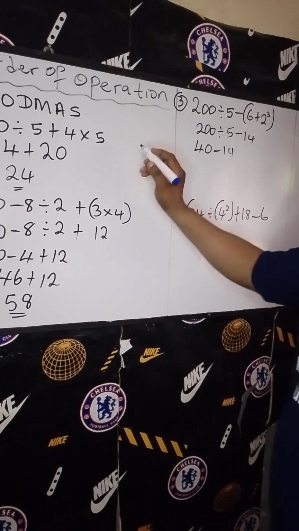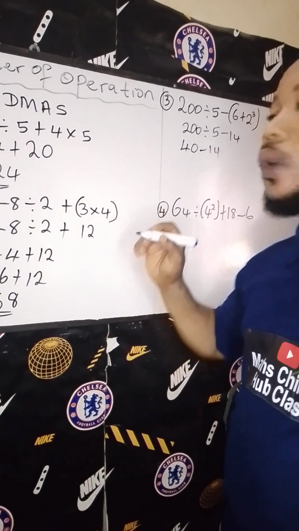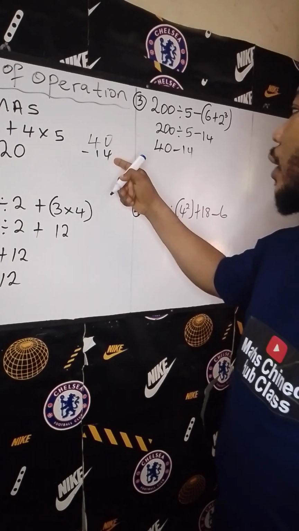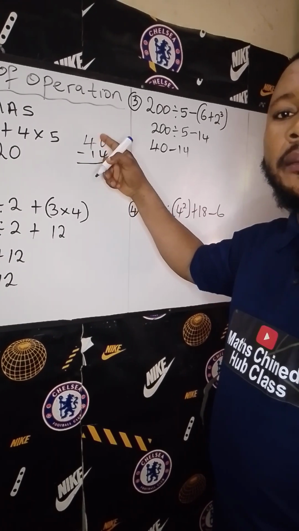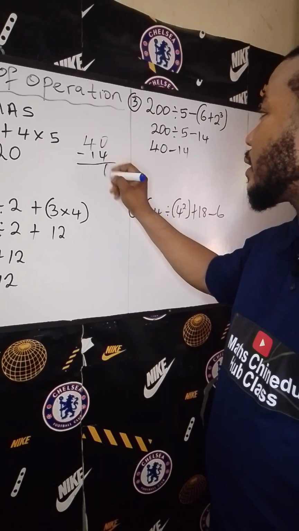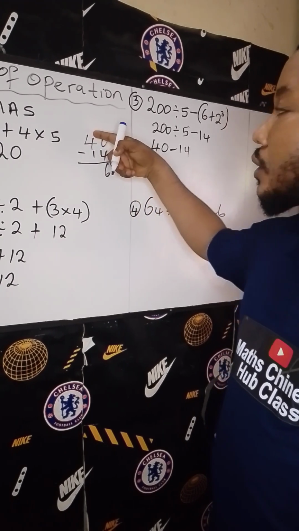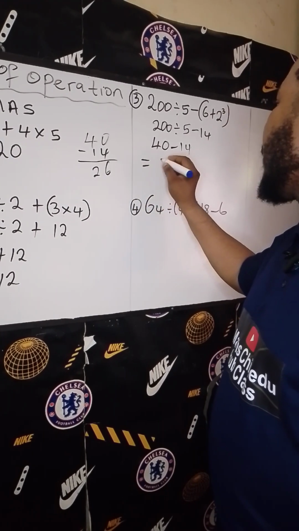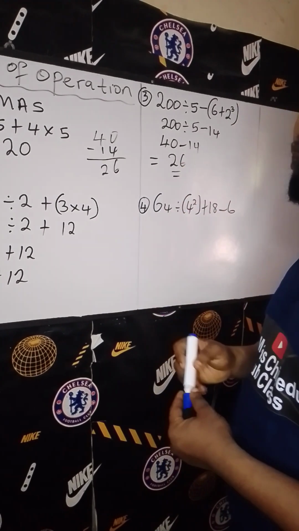In our class, we don't use a calculator. We always work it out. 40 take away 14. 0 minus 4 is not possible. We borrow here, it becomes 10. 10 minus 4 is 6. We are having 3 left. 3 minus 1 is 2. So our answer is 26.